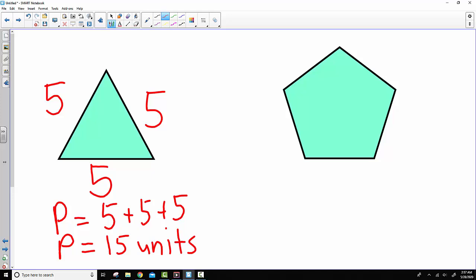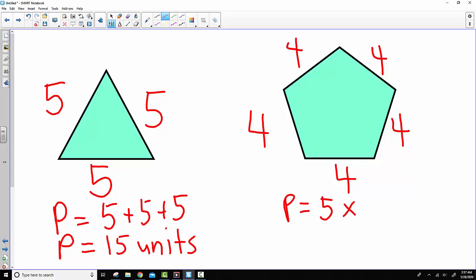Next, we have a pentagon. And let's say that our pentagon has sides that are all equal, and they are 4. I think you could probably look at the pentagon and say, oh, there are 5 sides, and each of those sides equals 4 units.